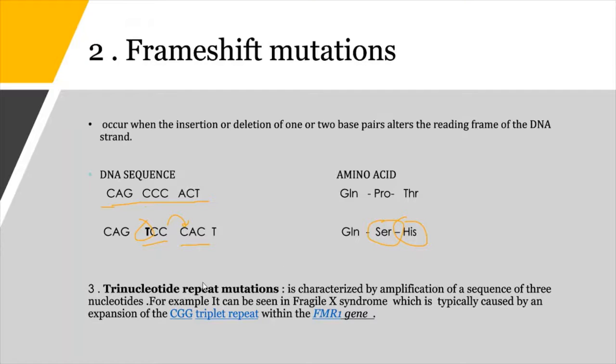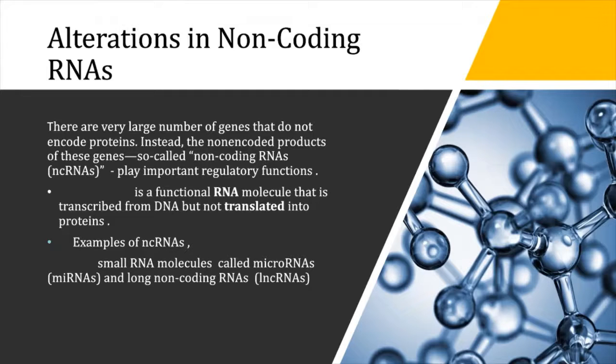Then what are trinucleotide repeat mutations? They are characterized by amplification of a sequence of 3 nucleotides, which are seen in different cases at different positions more than one time. For example, in Fragile X syndrome, we can see the expansion of the CGG triplet nucleotide many times in the FMR1 gene.